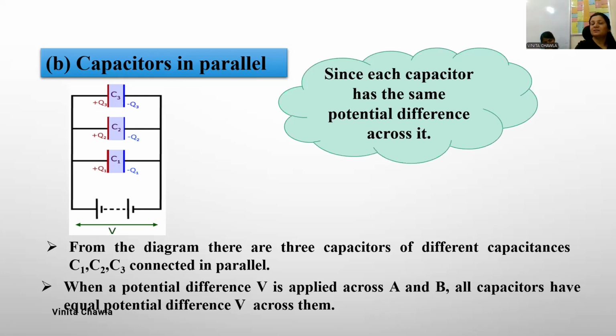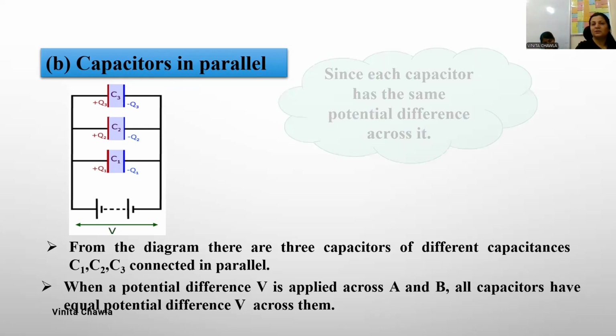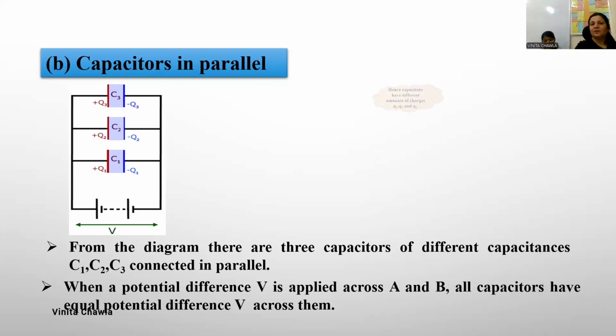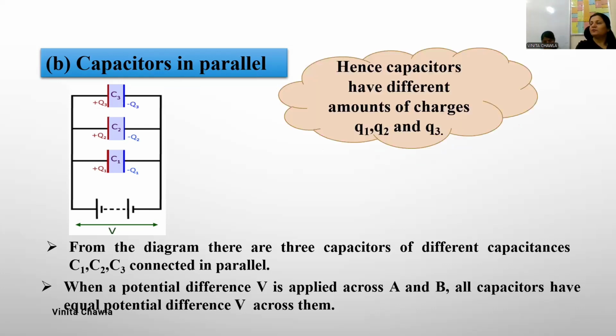Since each capacitor has the same potential difference across it, it can store charge according to its capacity. Potential drop is the same for all. Whoever has more capacity can store more charge. Hence, capacitors have different amounts of charge, because they have different capacity.